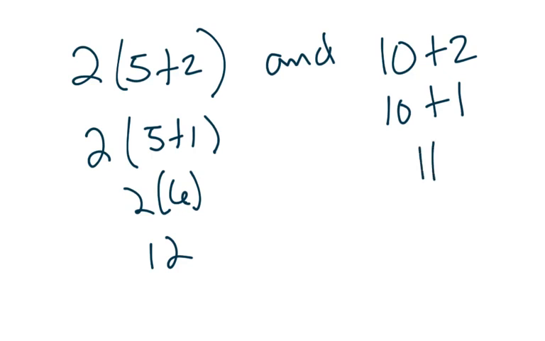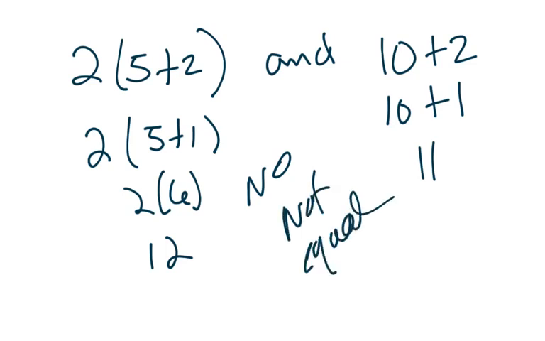So this is a point in time where you would say, no, not equal, okay? So when you solve number 8, that's all you have to do. Pick a number, substitute it in, then solve each expression and see if they're equal to each other, okay? So that was EE4 number 8.